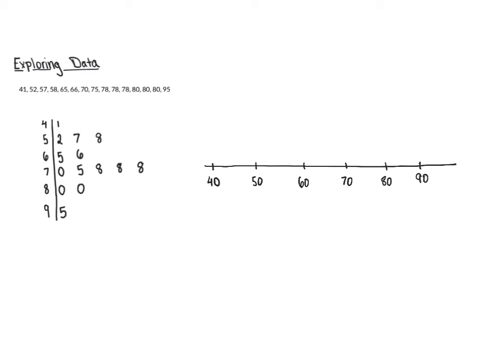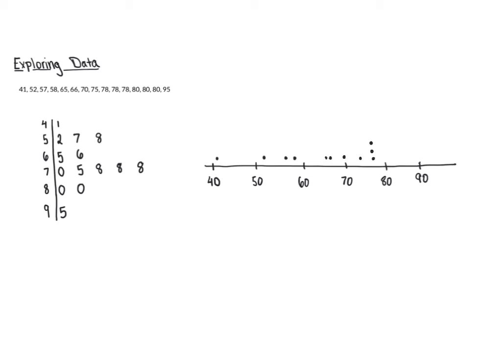So above 41, we'll put a dot, then above 52, 57, and 58, then above 65 and 66, then above 70, and 75, 78. Now 78 repeats, so the next dot will go above the other dot, and again above.